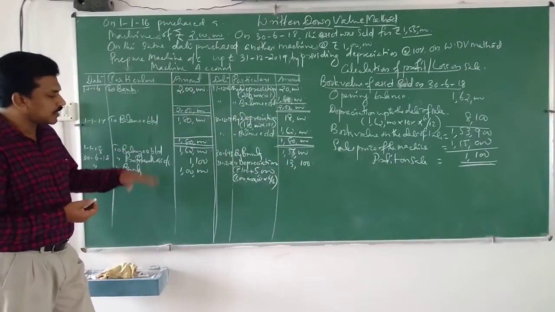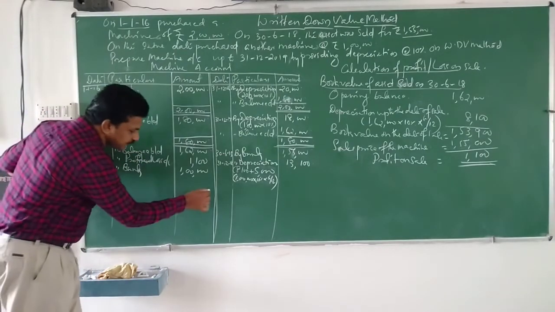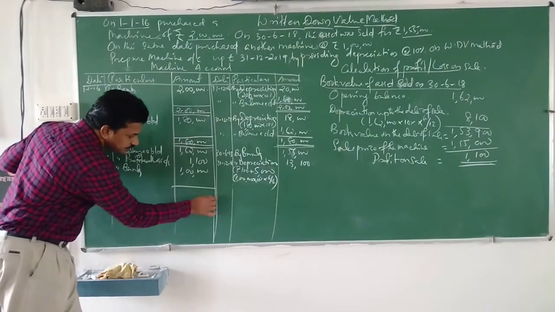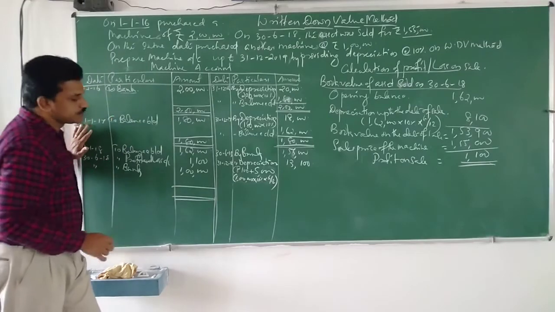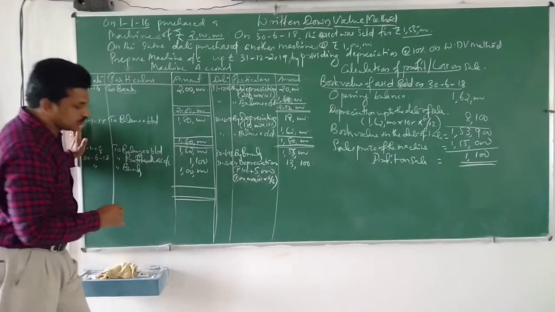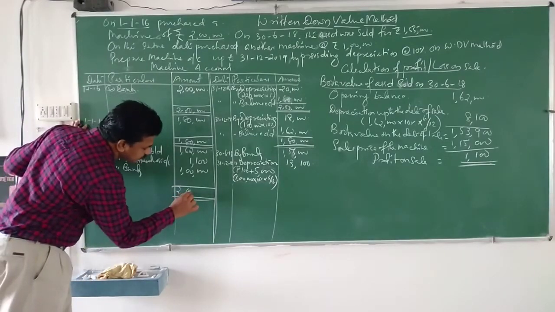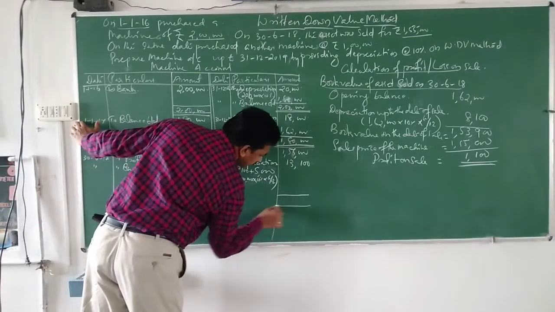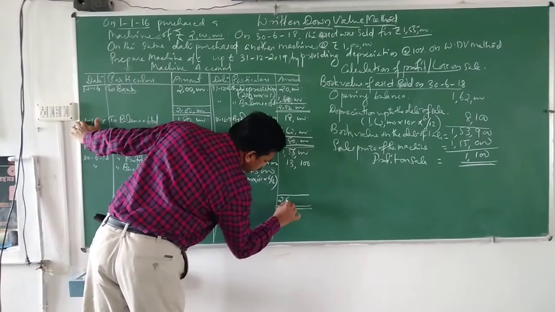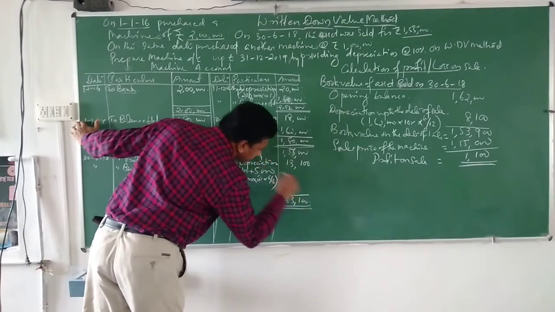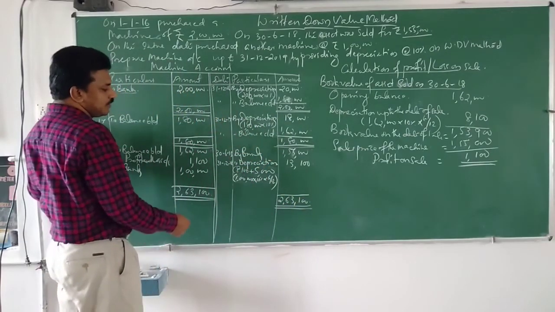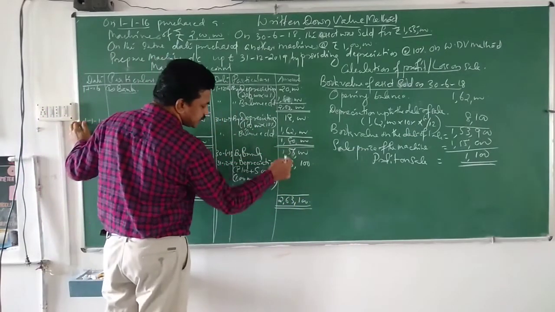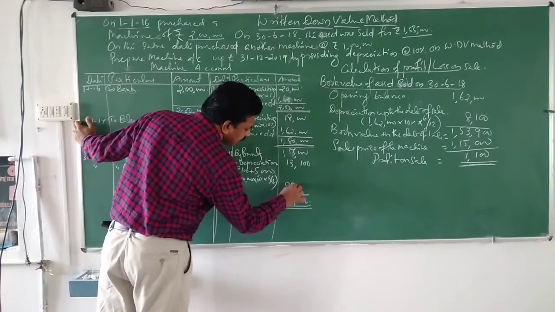Then now let us balance this account. Here 2,63,100. That will be taken here. 2,63,100. From that we have to deduct this one, so we will get 95,000.